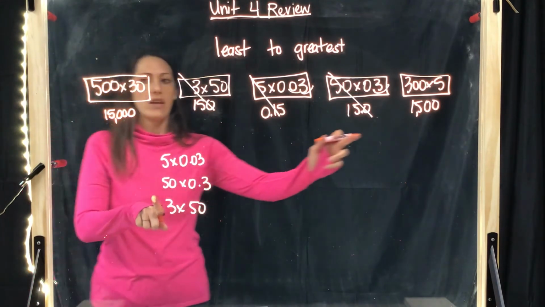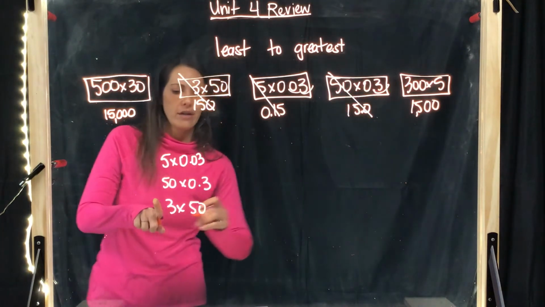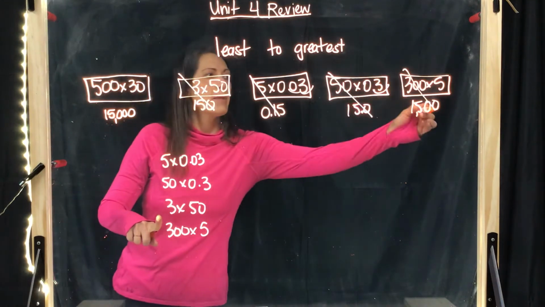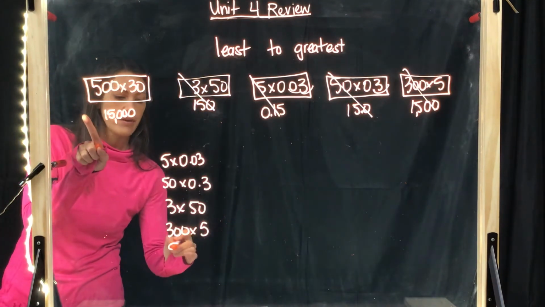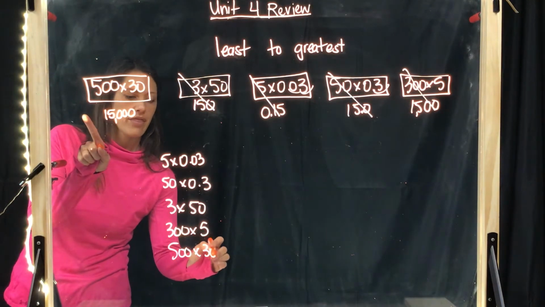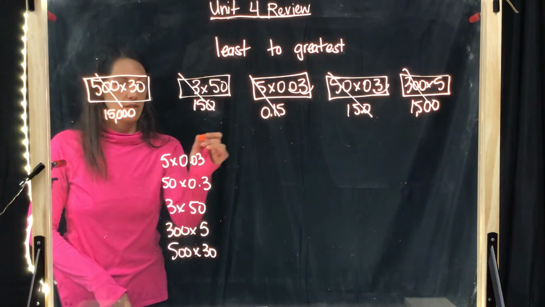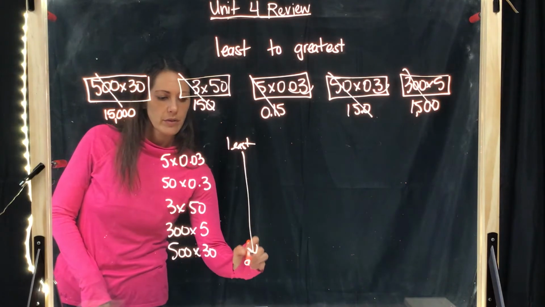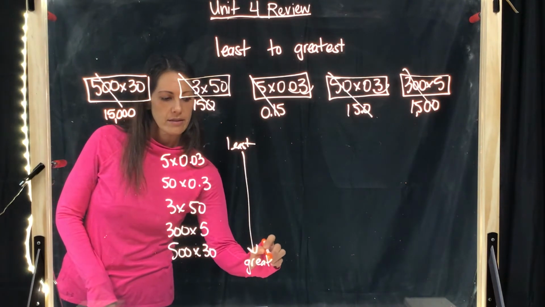After 150 would be 1,500. So 300 times 5. And my last one would be 500 times 30, and that equals 15,000. So this is an order from least all the way to greatest.